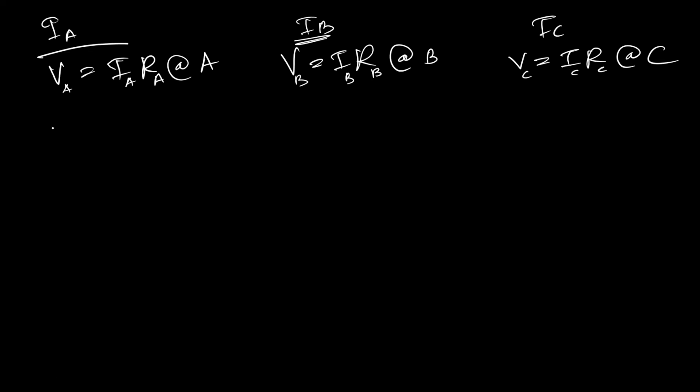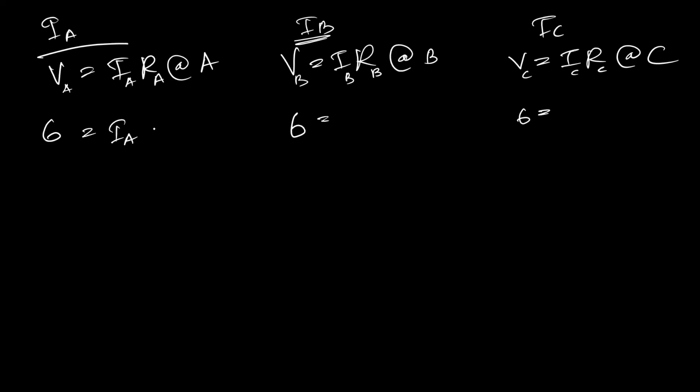Whether it is VA, VB, or VC, here it won't change. Voltage is same, 6 volt, 6 volt, 6 volt, because it is parallel.